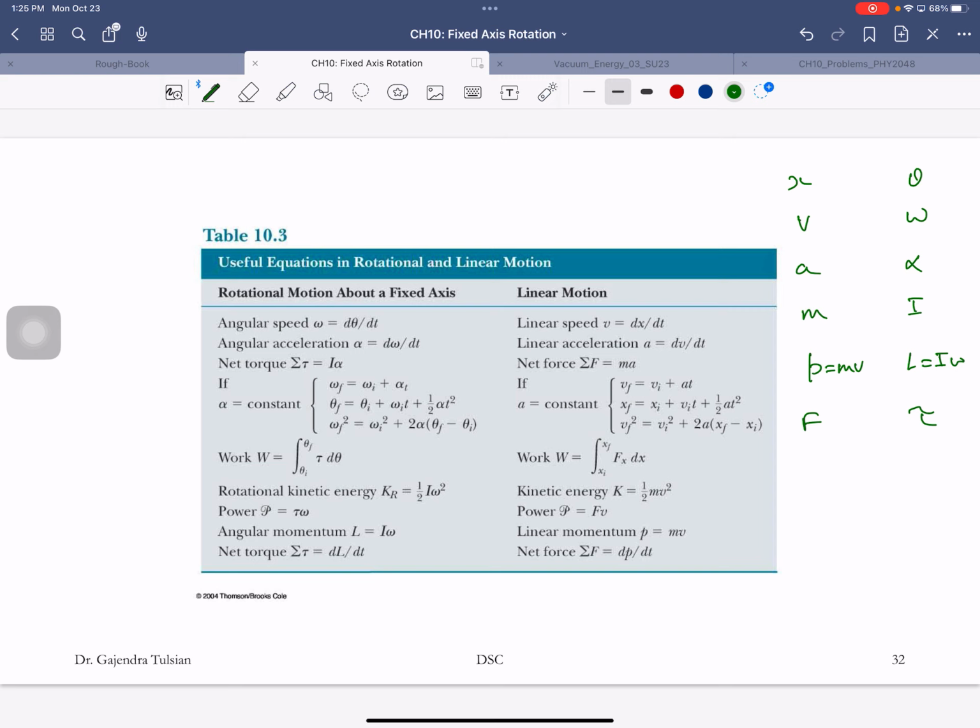So you replace these variables by these variables, and you can go from here to there. So here, v is omega, x is theta. v is dx by dt, omega is d theta by dt.